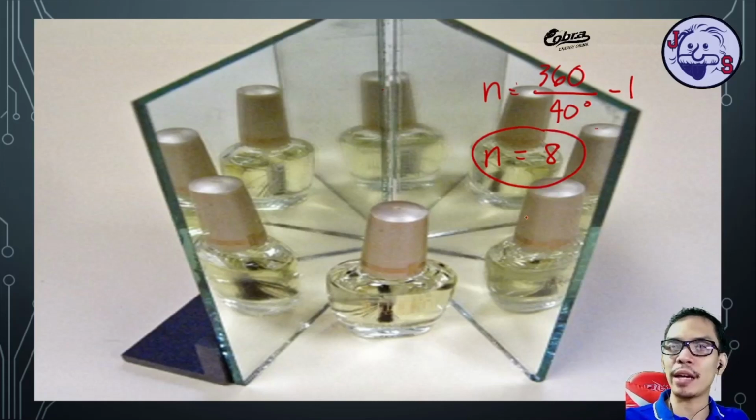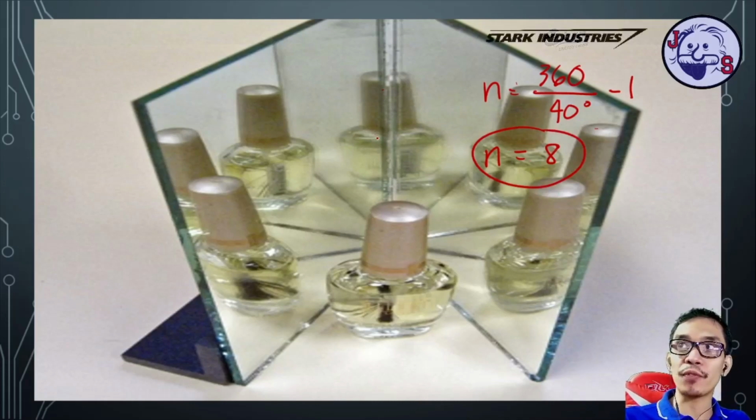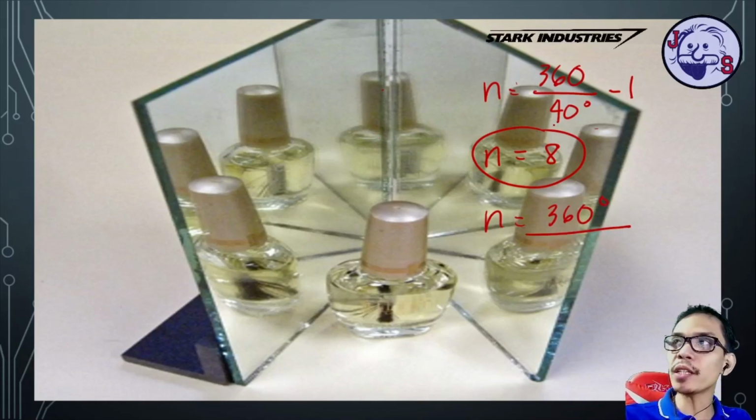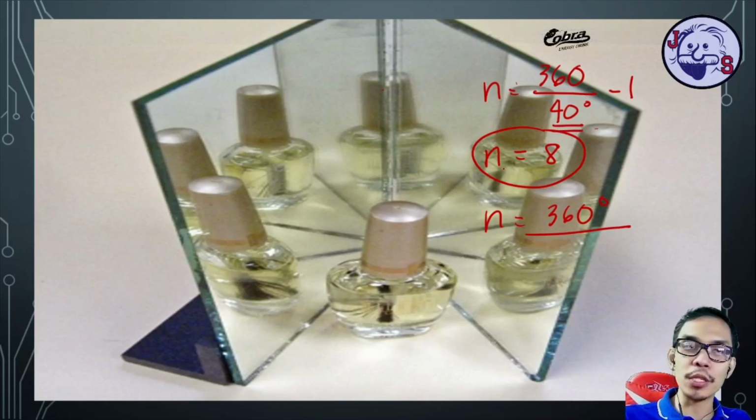So we have an extra. So this is not 40. So we can have another one. 40 degrees arrangement will produce 8 total number of images.